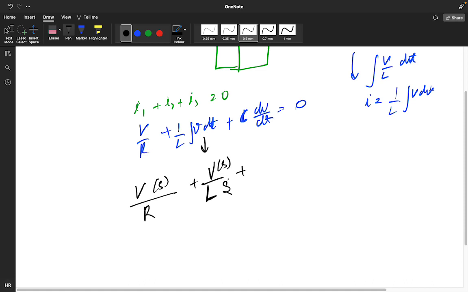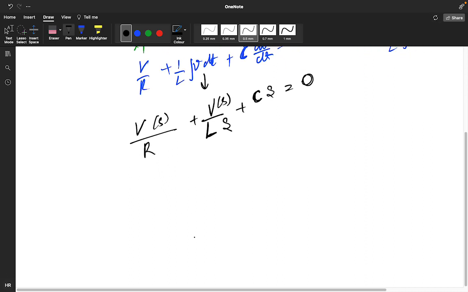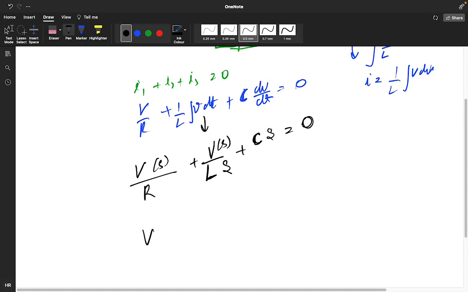It will be 1 by S, and this V will become capital V(S), and C will be C only, and dV by dt will be S. So it will be equal to 0. If you solve this circuit, V(S) will also be there, so V(S) will go because it is equated to 0.